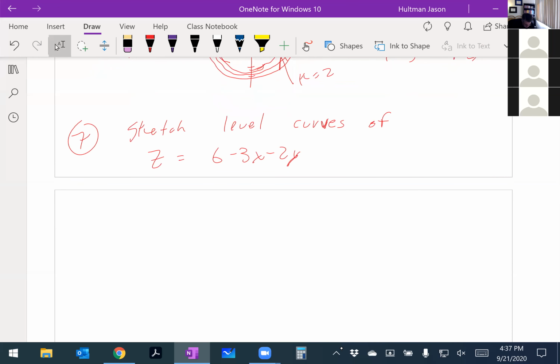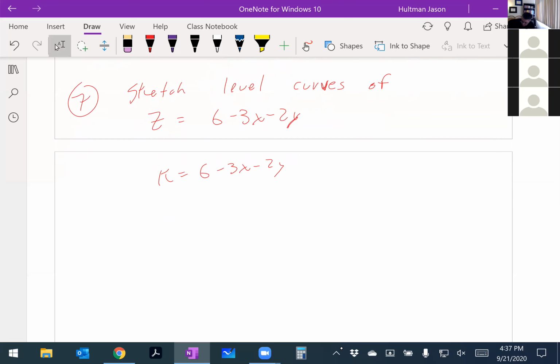And so we get k is equal to 6 minus 3x minus 2y. Well, if k is a constant, this just becomes the equation of a line.